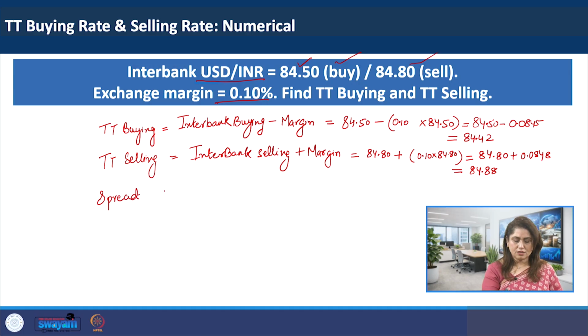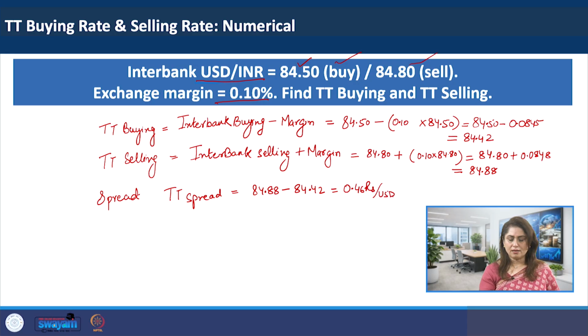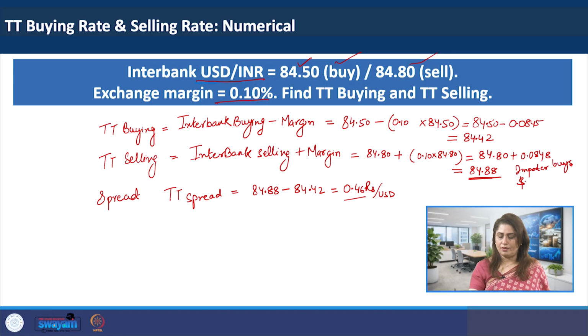So now we will talk about the spread. The TT spread is equal to 84.88 minus 84.42, which is equal to 0.46 rupees per USD. So the bank earns around 0.46 rupees per USD. Now here, if you see, this is the selling rate, and it is used when the importer buys dollars, right?